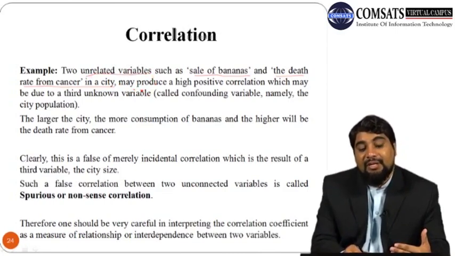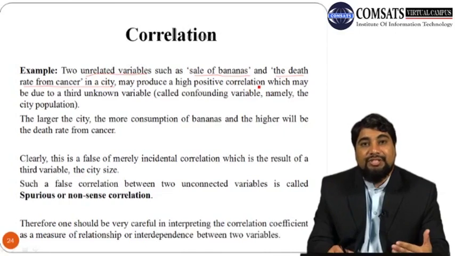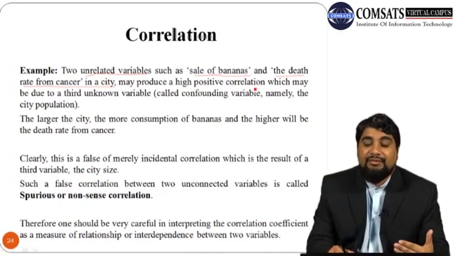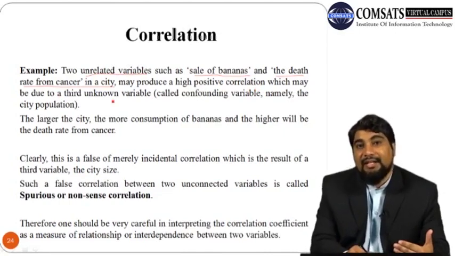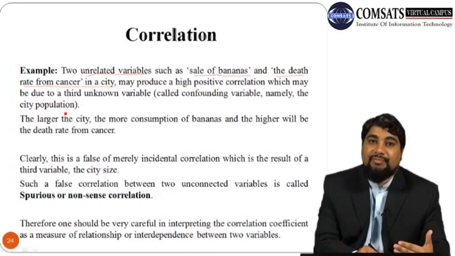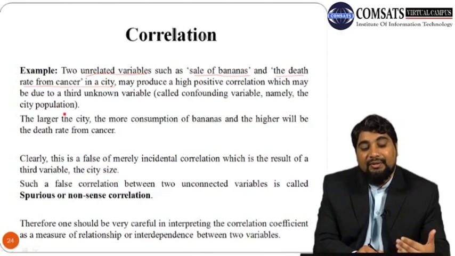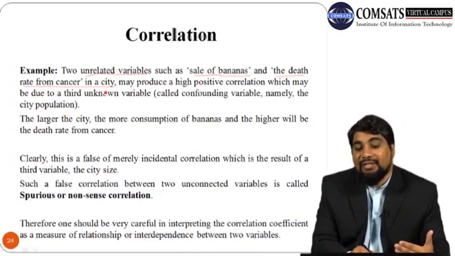But they may produce a high positive correlation, which may be due to a third unknown variable, usually called the confounding variable, namely the city population. Due to this city population, these two variables appear to have a positive correlation.